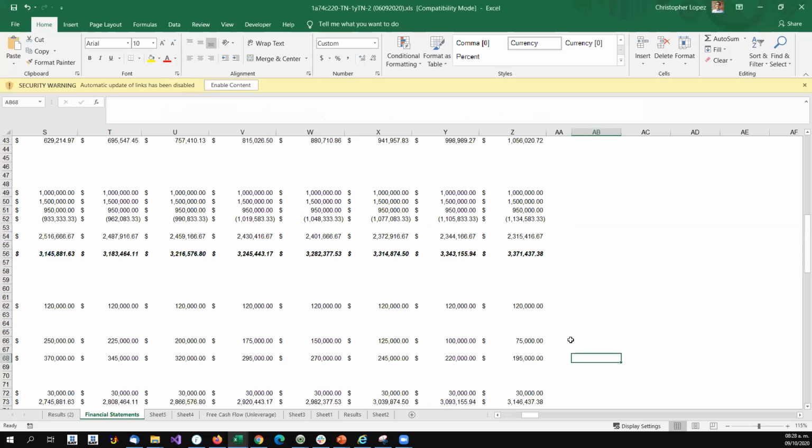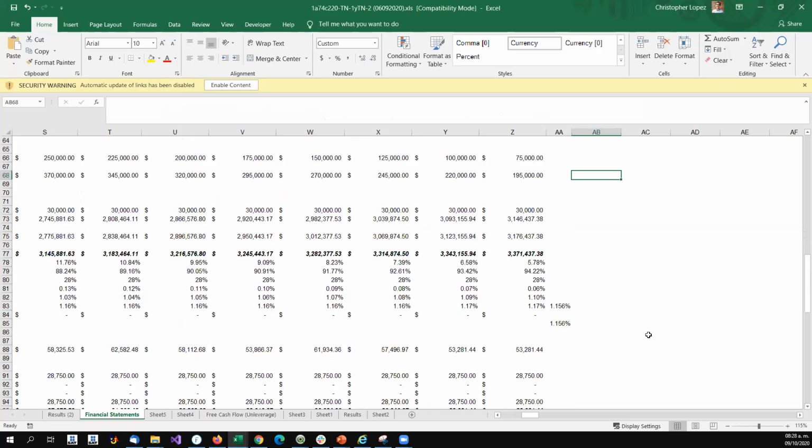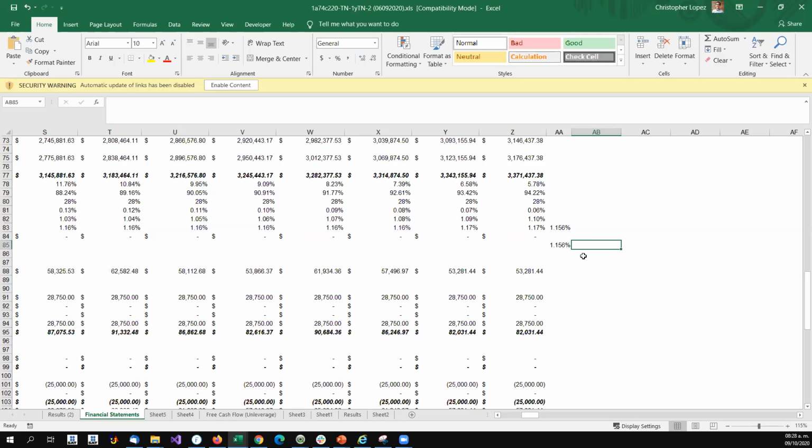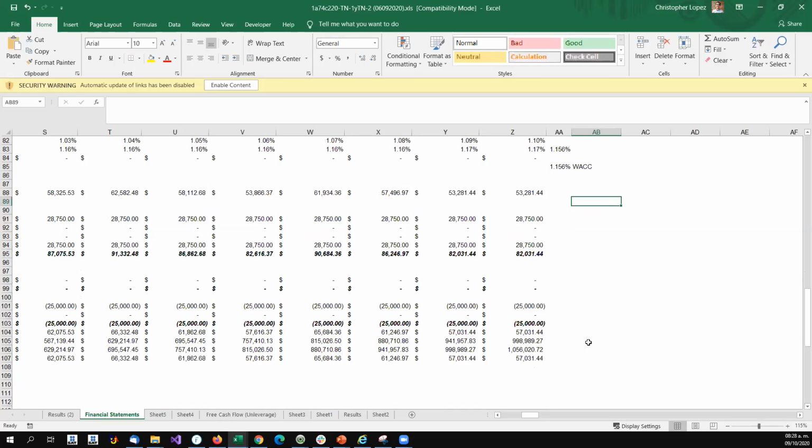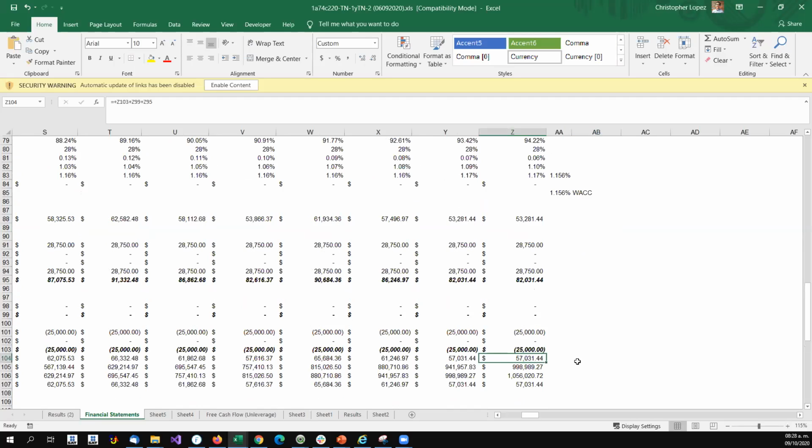Okay, so let's calculate it. This one is my WACC. And I have my last value, which is this one. And remember, these are months. So if I multiply this by 12, I have the cash flow generated. Because these are monthly cash flows, this will be my yearly cash flow.